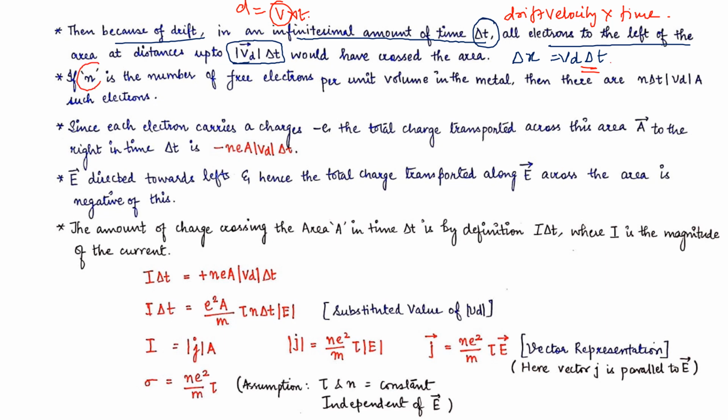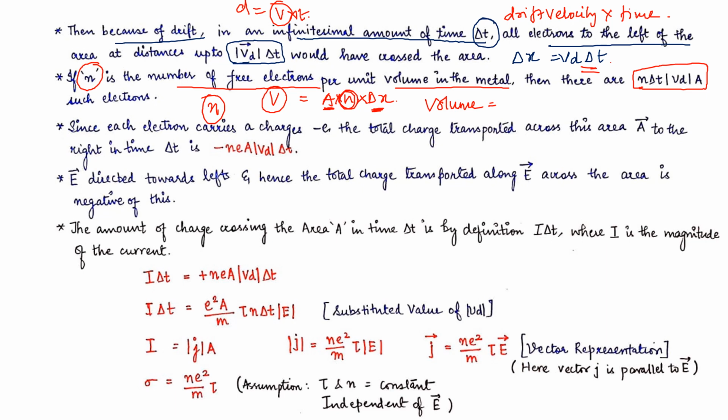Now if n is the number of free electrons per unit volume in the metal, then there will be n A Vd del t such electrons. If we say this is the volume, volume can be given as area into this particular distance, for n electrons. What is volume basically? Volume is a three-dimensional concept.